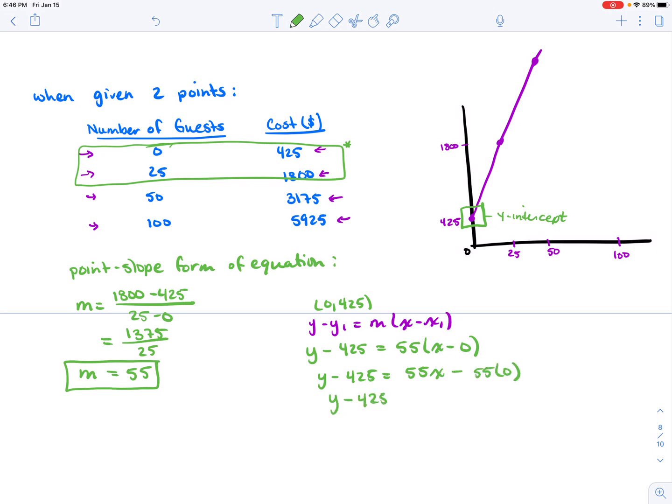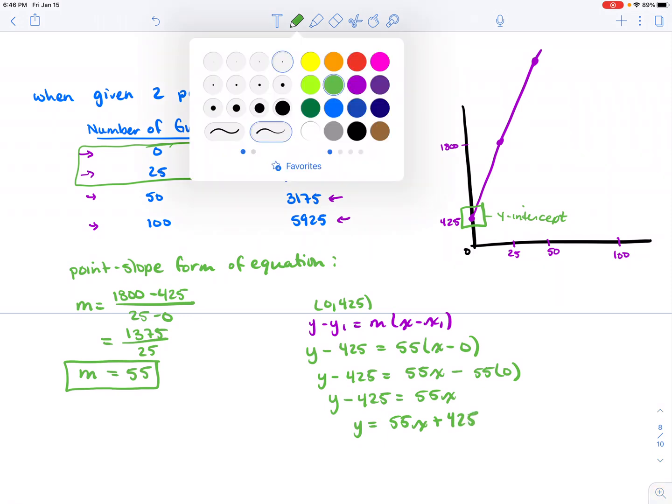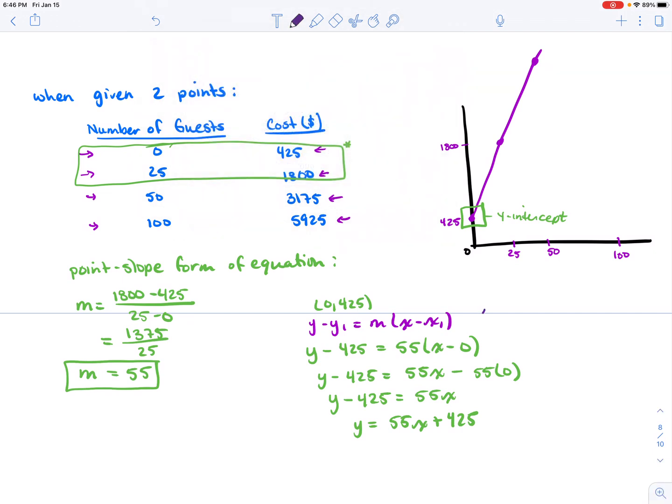Let's keep going here, 55x. Now of course I need to move my 425 to the right side, so I have y equals 55x, and I change the sign when I move it over, 425. So now I have actually gone from point-slope form to slope-intercept form of my equation. And look, my b does in fact equal positive 425.